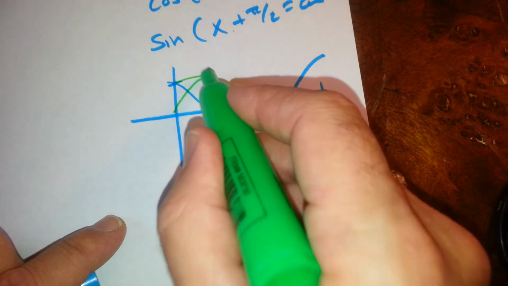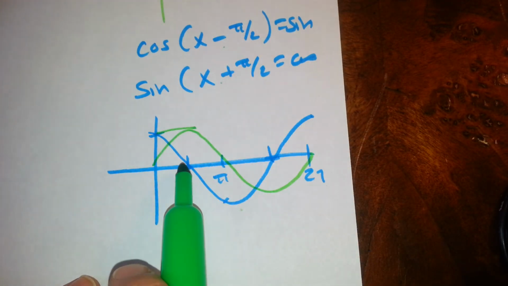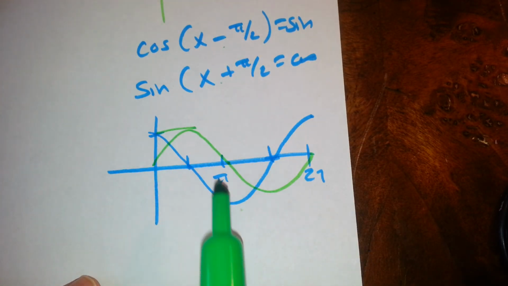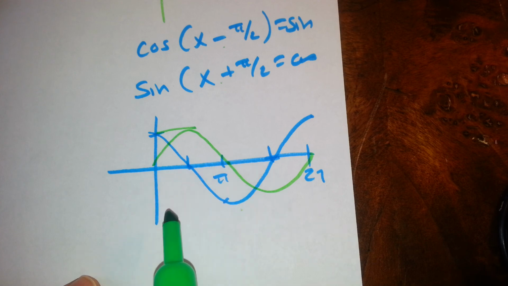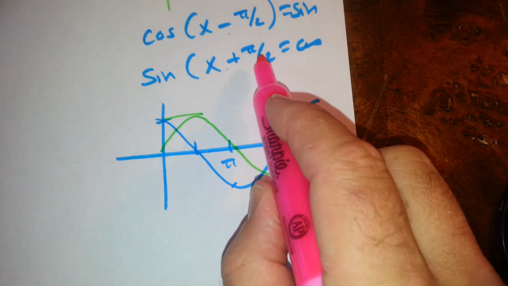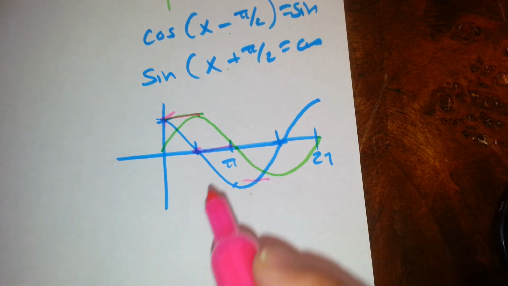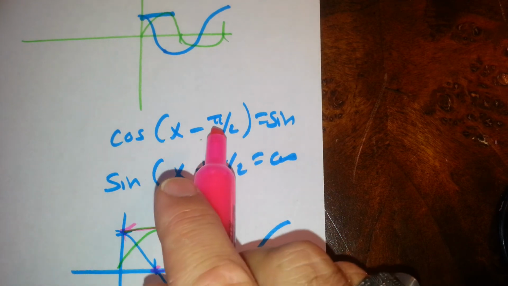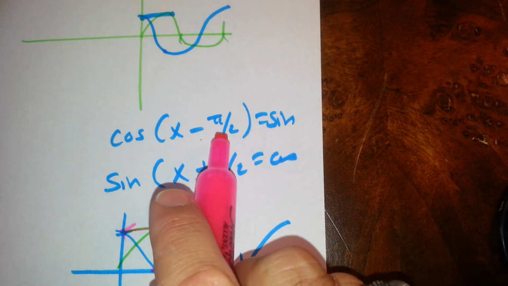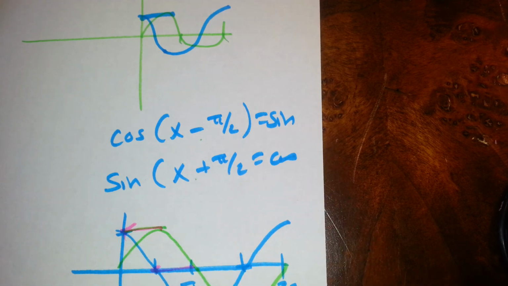Notice if my cosine graph shifts right pi/2, all these points match up. The blue matches the green. Notice the green, if I shift my sine graph to the left pi/2, these points match up. Okay? So cosine shifted right pi/2 equals a sine, and sine shifted to the left equals a cosine.